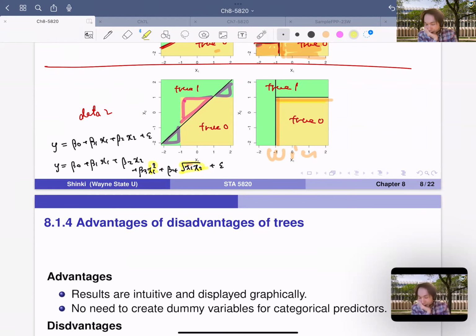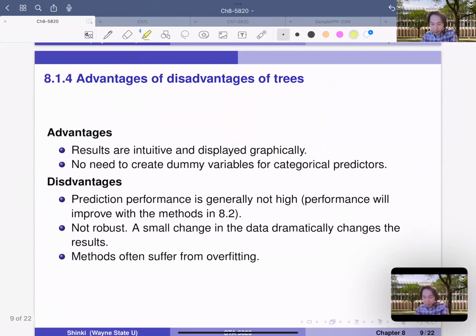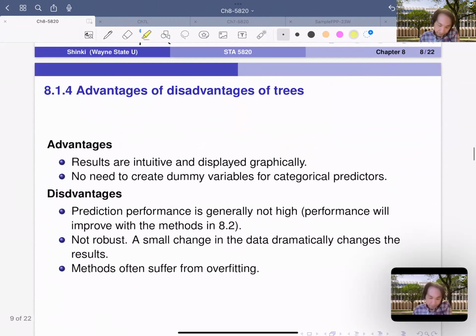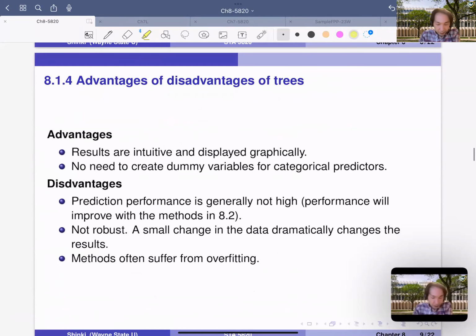So if the truth is a complicated, smooth surface or something, then neural network usually works slightly better than tree-based methods. But yeah, those are maybe some characteristics of these models.